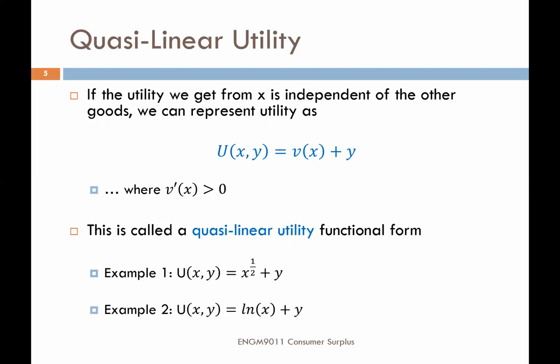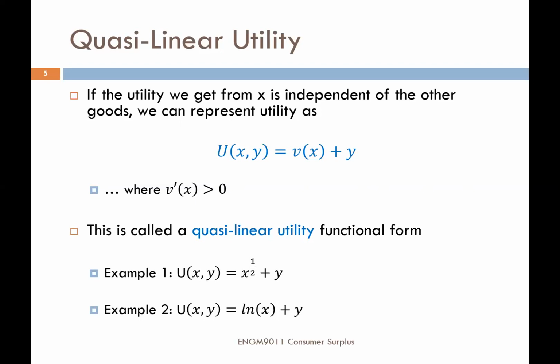So for the most part, it's going to be independent of other goods. Perhaps it's not independent of your utility from consuming milk, if you only have milk with your cereal. But in general, it's a pretty reasonable assumption for a lot of goods that utility from that particular good doesn't depend upon the amount that you have of the other goods.